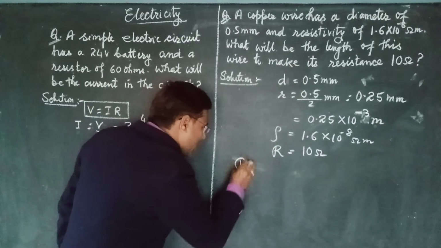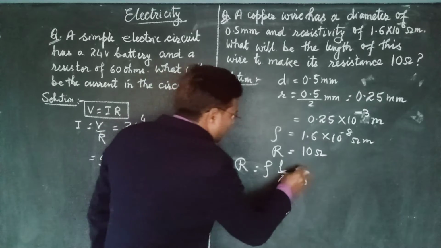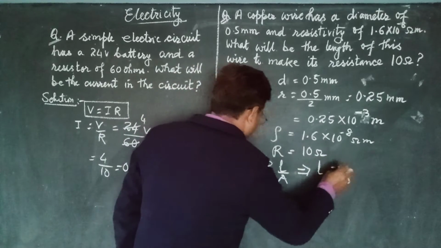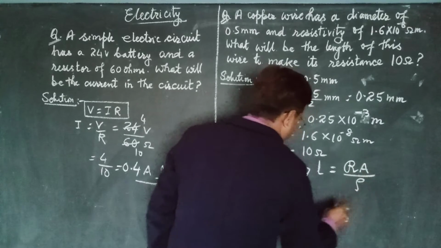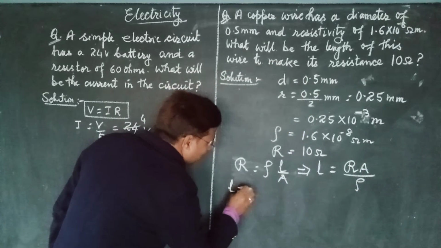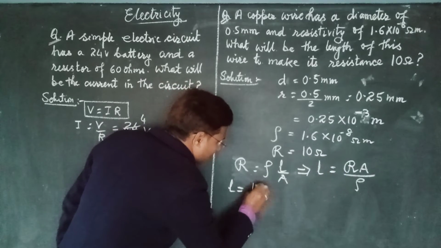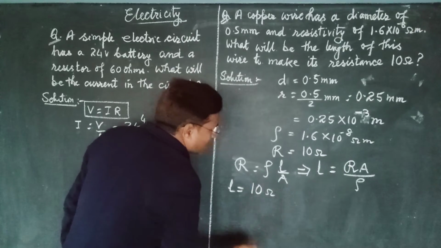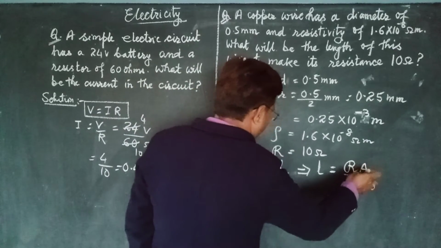So first you write R is equal to rho L by A, and now from here you can write L is equal to R into A by rho. So L we have to find. Resistance is 10. Area of cross section, this we must find.